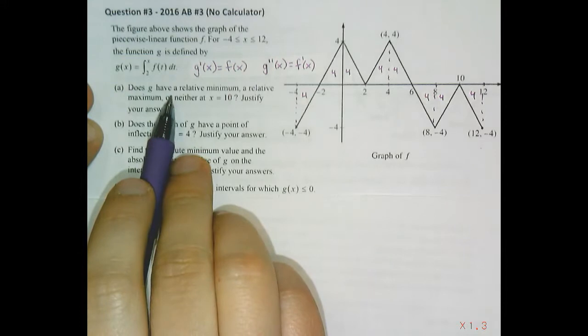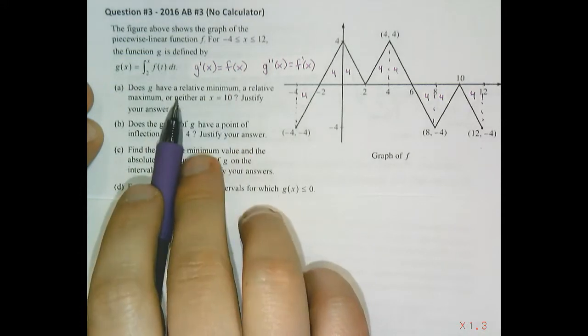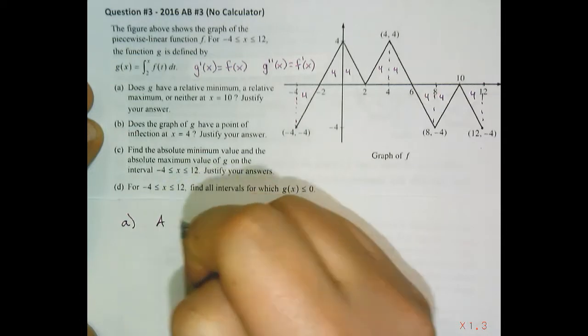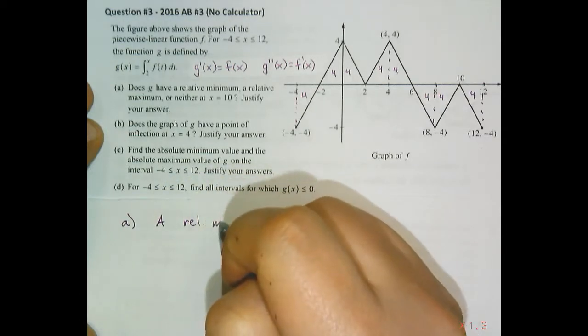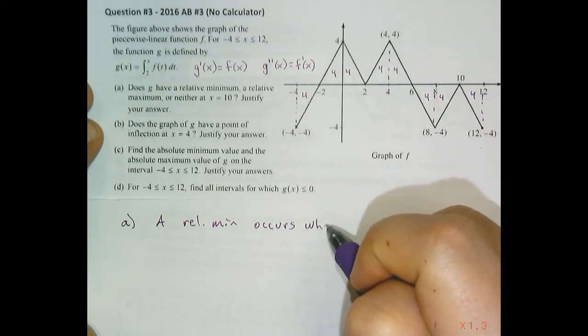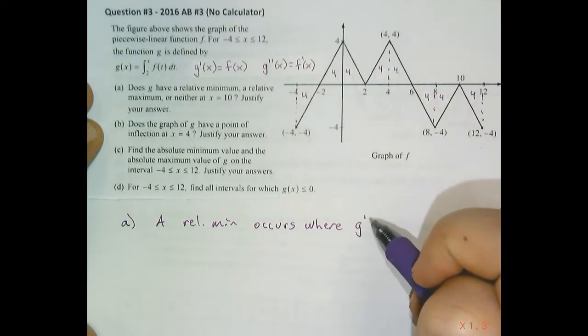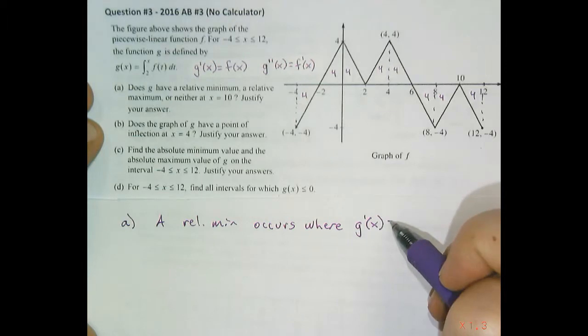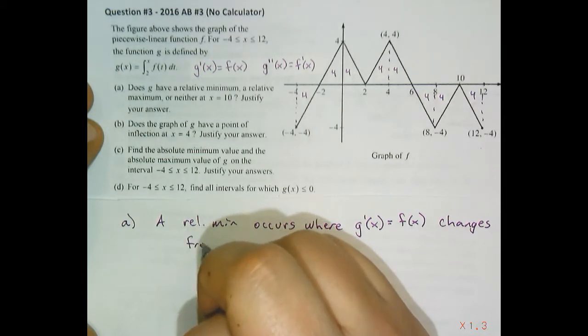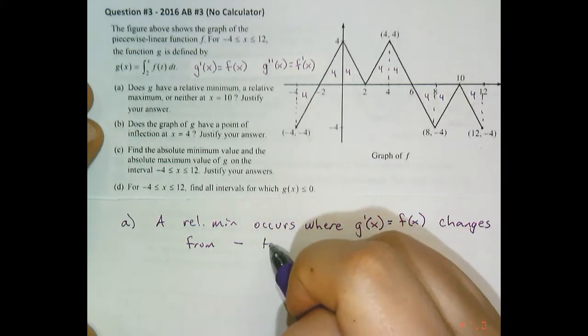Part A says, does G have a relative minimum, max, or neither at x equals 10? So, a relative or local minimum occurs where G prime of x, which is the same thing as f, changes from negative to positive.